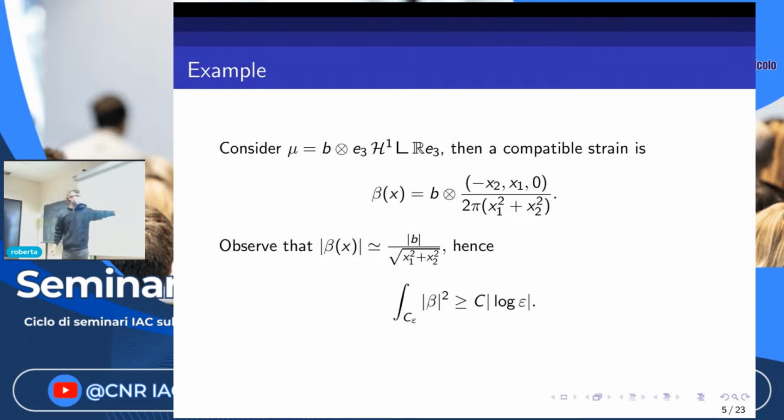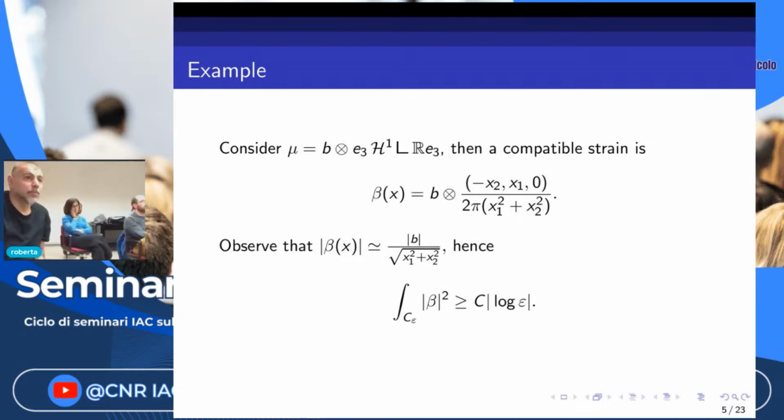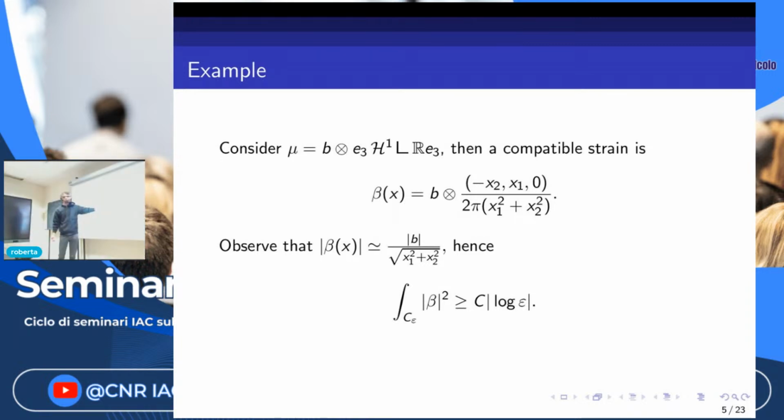If you do one loop around the dislocation, you get exactly the 2 pi, and you keep the B. So the circulation around the dislocation line is B. There's nothing fancy. This is what happens.